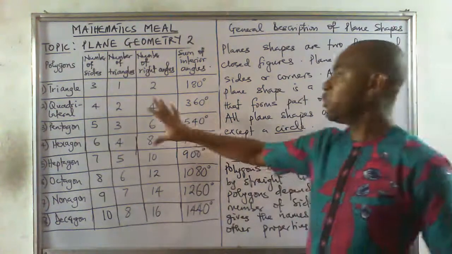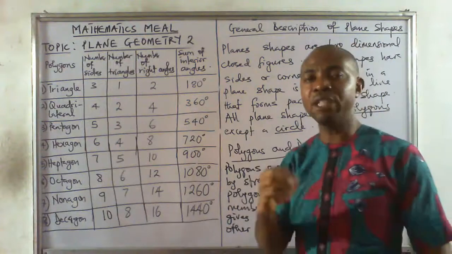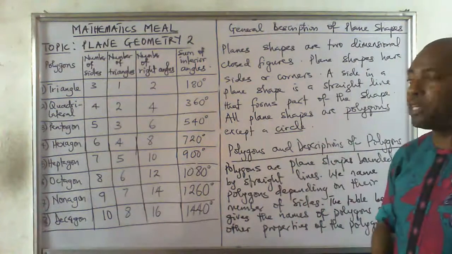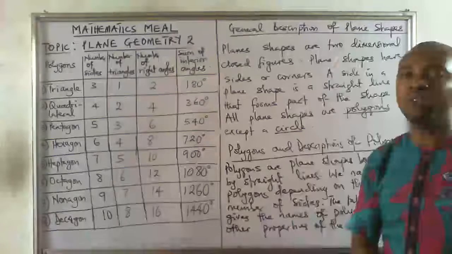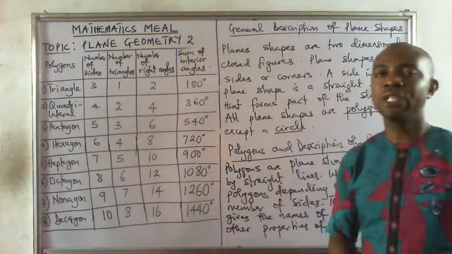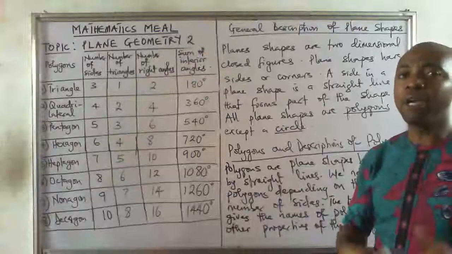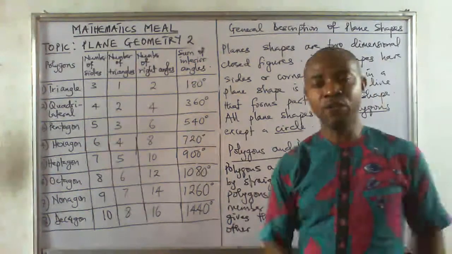We are still going to, when we begin to look at the third objective, that's calculation of angles in a polygon, we are going to see how we arrive at this, because before we start the calculation proper, we are going to look at various points that will help us in the calculation. All right, that's enough for now.